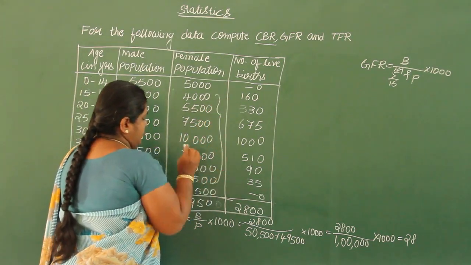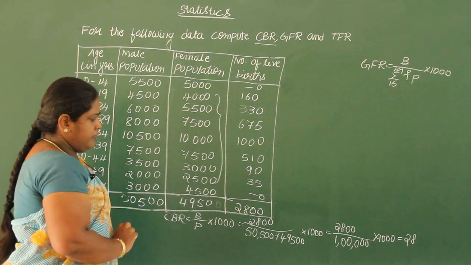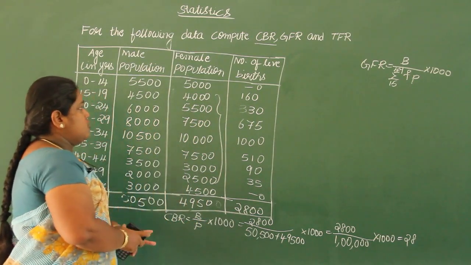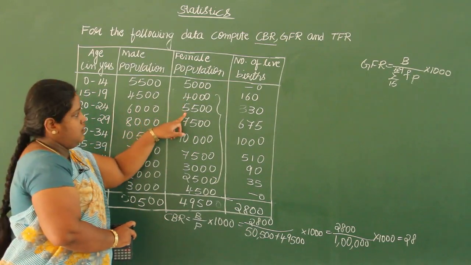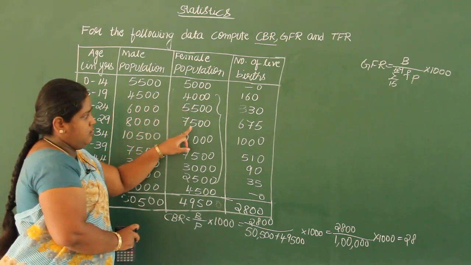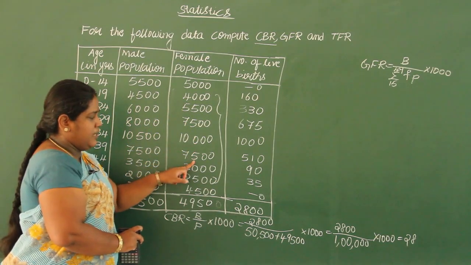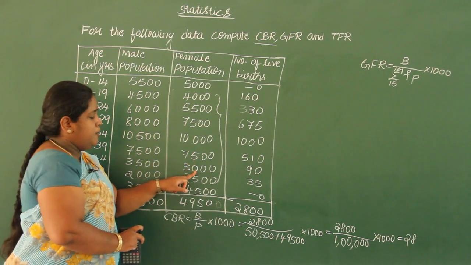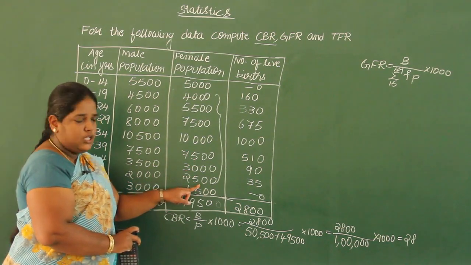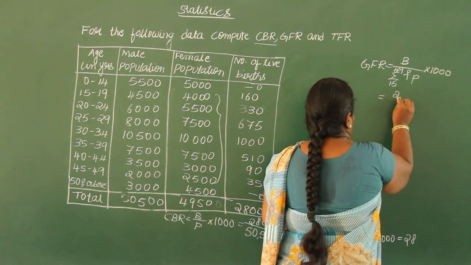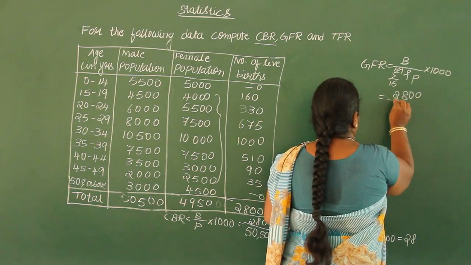So you have to add these values now. When you add, you'll get the total as 40,000. That is, you are adding 4,000 plus 5,500 plus 7,500 plus 10,000 plus 7,500 plus 3,000 plus 2,500.